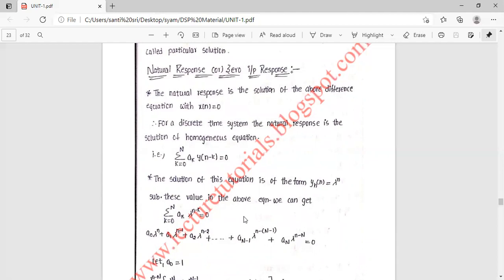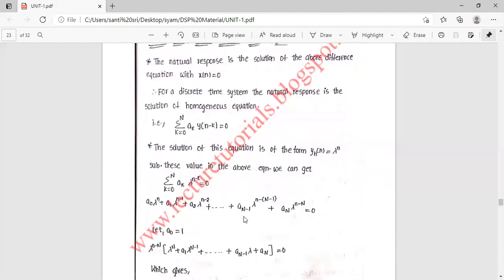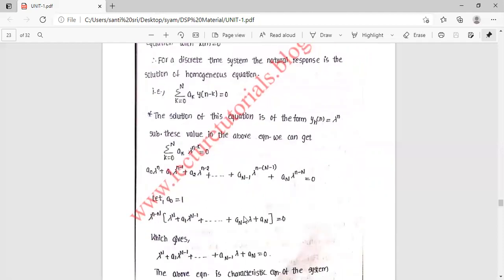The solution of this equation is of the form y_h(n) is equal to lambda power n. So substitute these values in the above equation, we get sigma k equal to 0 to N a_k, with y(n minus k) replaced by lambda power n minus k. So we can write this as a_0 lambda^n plus a_1 lambda^(n-1) plus a_2 lambda^(n-2) plus and so on, up to a_N lambda^(n-N) is equal to 0.